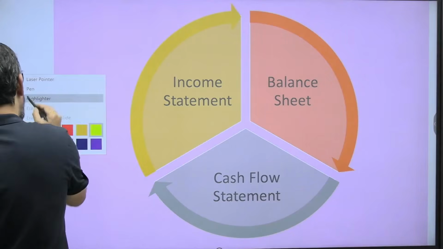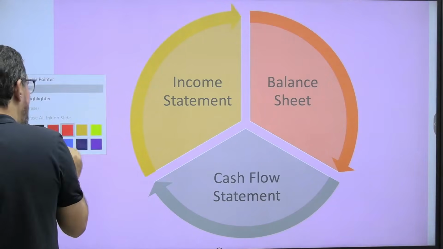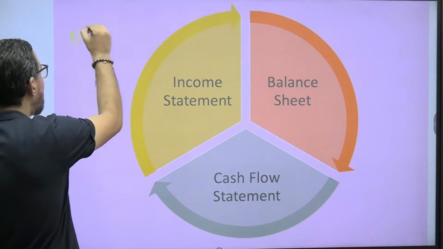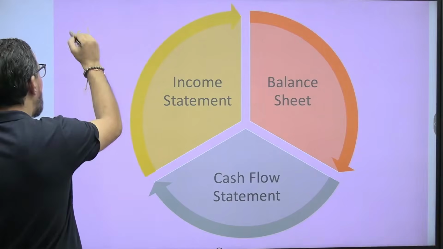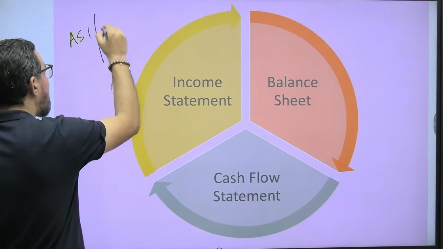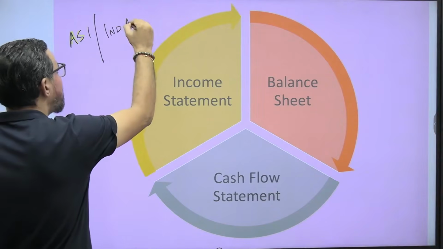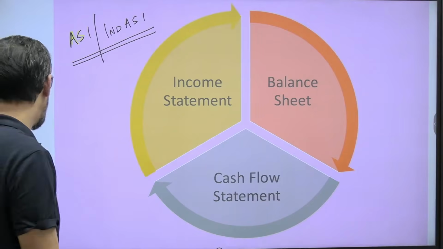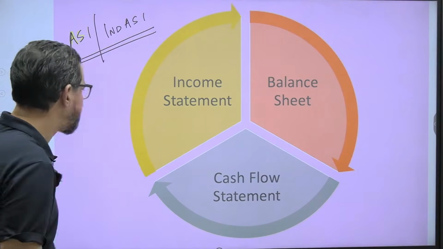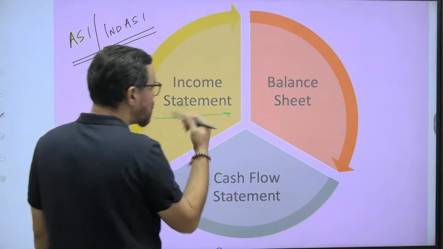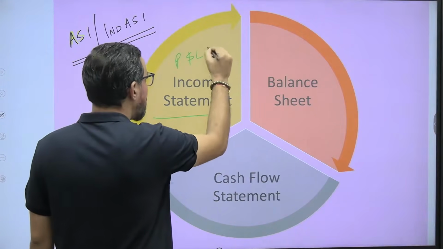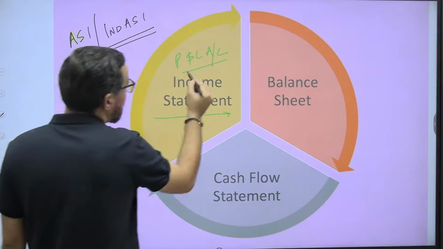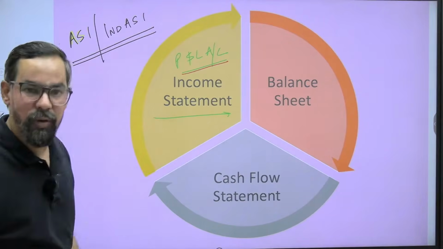As per Accounting Standard 1 or Indian Accounting Standard 1, companies need to prepare their final accounts or final reports, which include, first, the income statement, also known as the profit and loss account, through which we get to know about the net profit or loss during that accounting period.